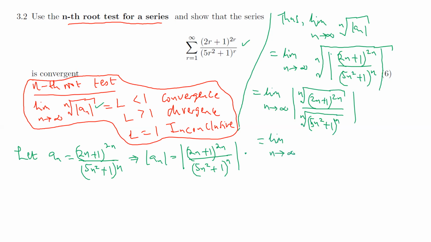Which is exactly (2n plus 1) squared, you divide by these.